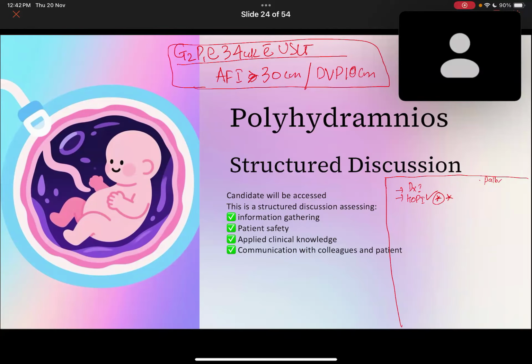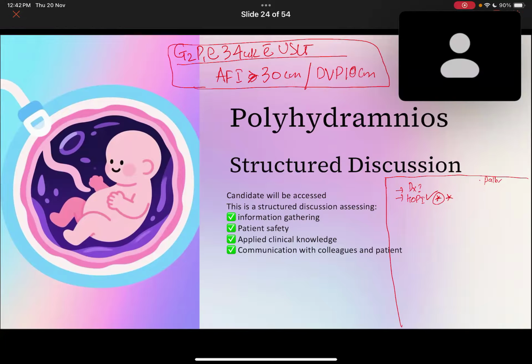Anything else? A viral serology, if there is any fever, flu, or illness during the pregnancy, to rule out causes of congenital anomaly in the baby.